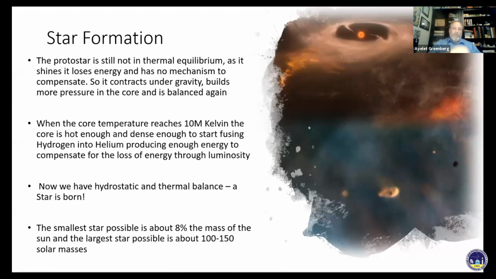So that's the lower limit of why we can't create stars that are smaller than about 8% the mass of the sun. Whereas on the upper limit, we find that we cannot create stars that are bigger than about 100 to 150 times the mass of the sun. And to begin with, those stars are extraordinarily rare. There are not many of them.